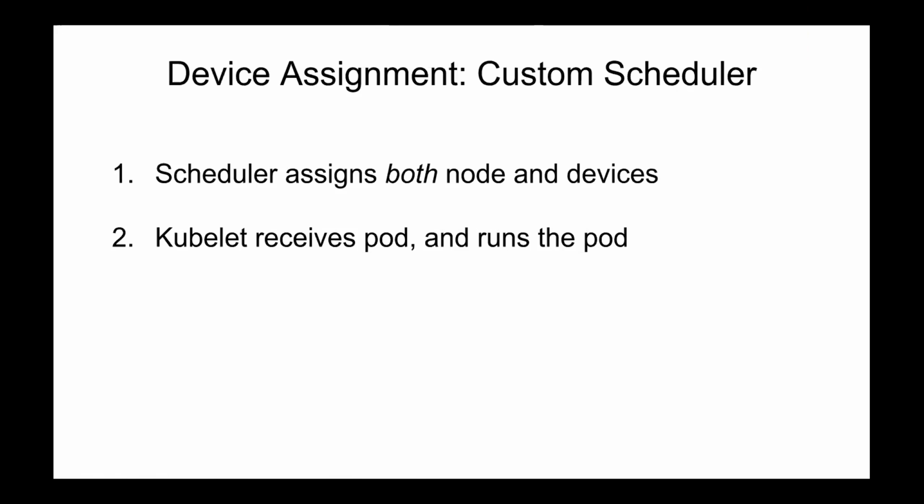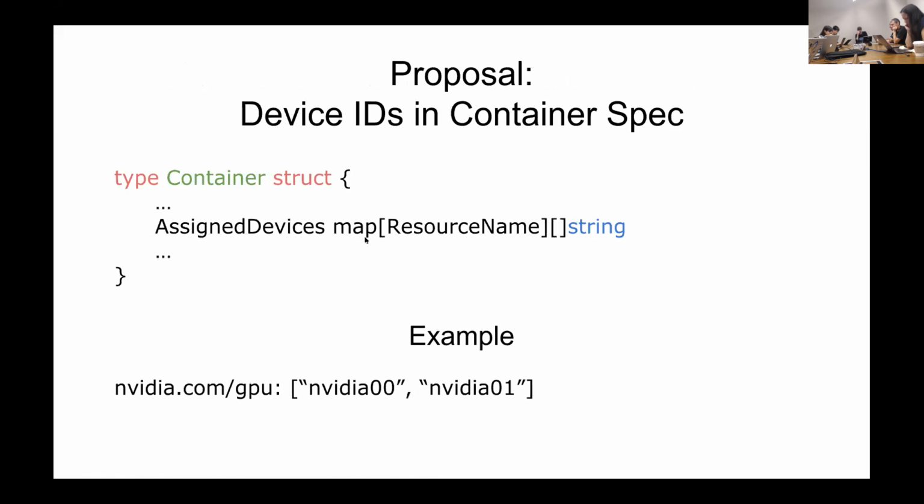No, so let's say you have device plugins A, B, and C. All of them expose devices with the same name, foo. And if a device foo gets assigned to a pod, how do you know that foo belongs to plugin A or B or C? So these are all based on the resource name. If I go back to the change, it's a map from resource name to devices.